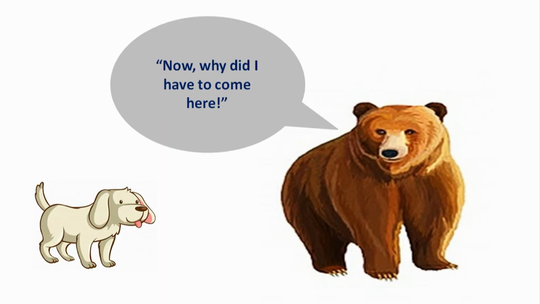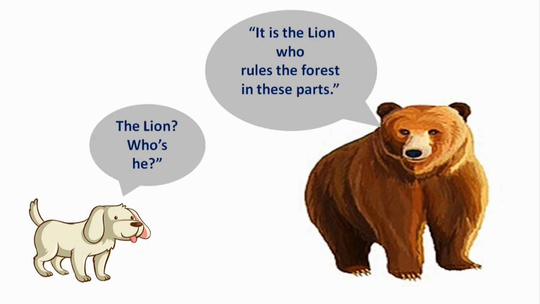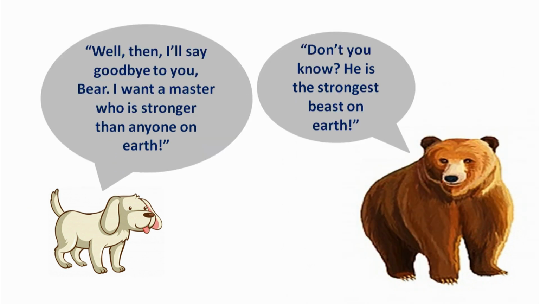"Now, why did I have to come here?" said he to the dog. "It is the lion who rules the forest in these parts." "The lion? Who is he?" "Don't you know?